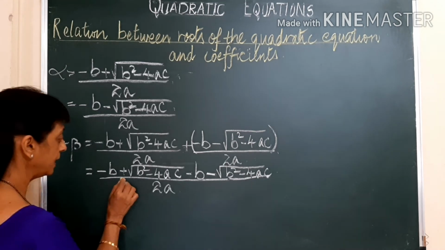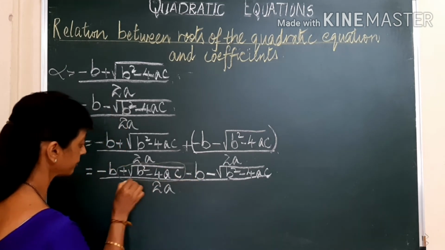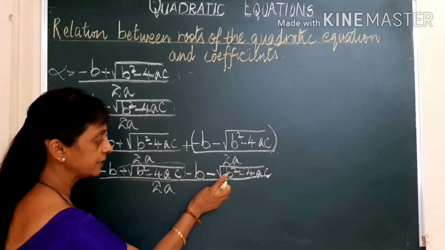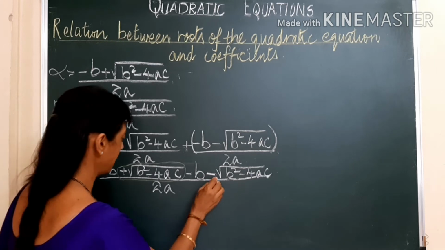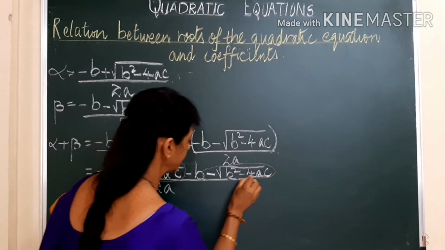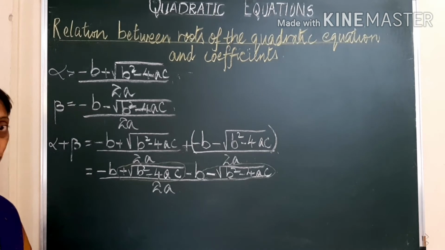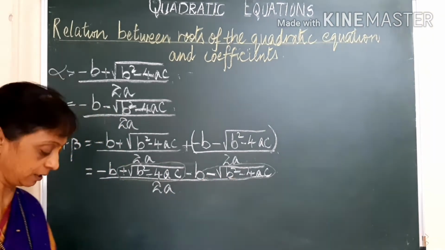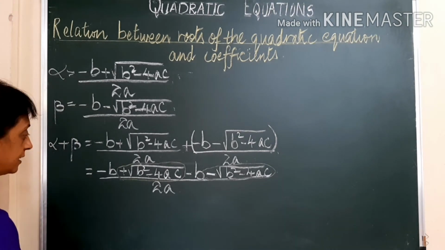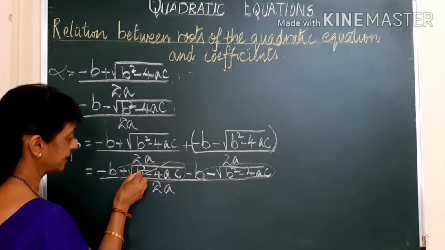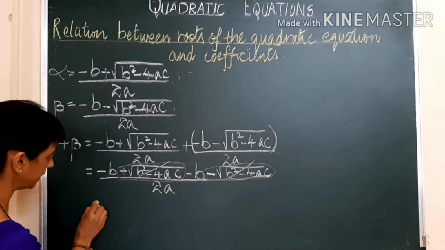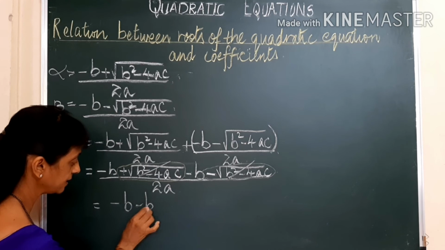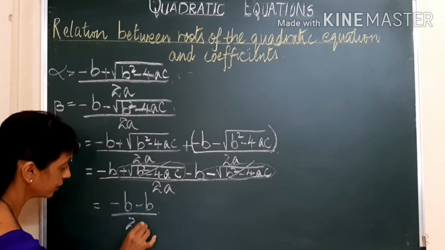We have plus root of b square minus 4ac along with the same term but with a minus sign, minus root of b square minus 4ac. So once when you have a plus and a minus before the same terms, they get cancelled. So it gets cancelled, and what are you left with then? You're just left with minus b, again over here minus b upon 2a.